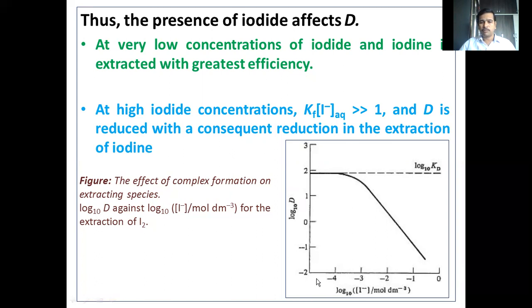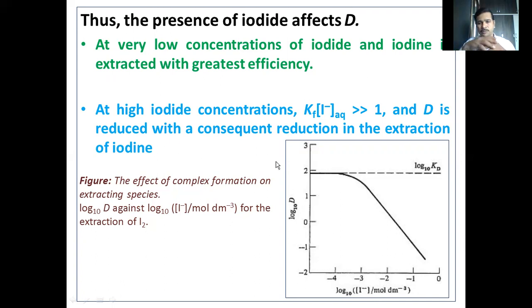From -5 to -4 to -3, if you take the logarithmic value of iodide ion concentration, the value of log D to the base 10 is almost constant. So this is the range you can consider for using iodide concentration in preparing the iodine solution.